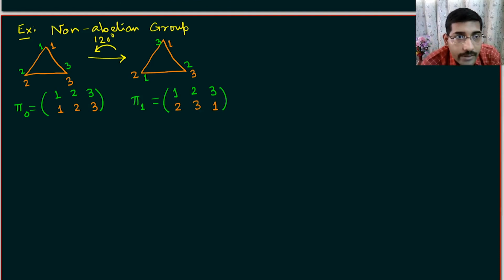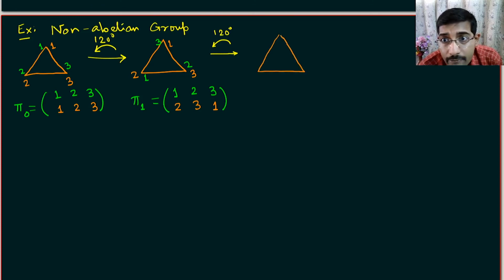Again, if I give another rotation, let's say a 120-degree rotation to the left side, when I give this rotation, my new triangle is formed, again with position 1, position 2, position 3.